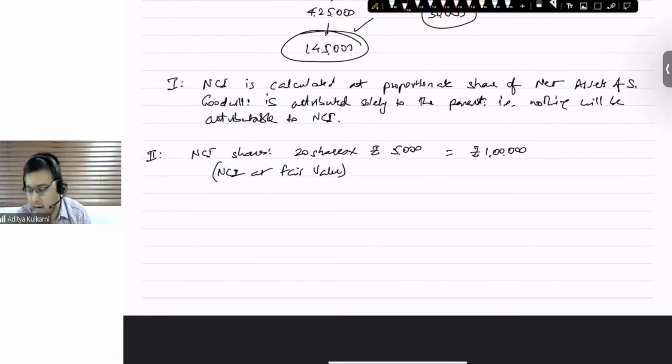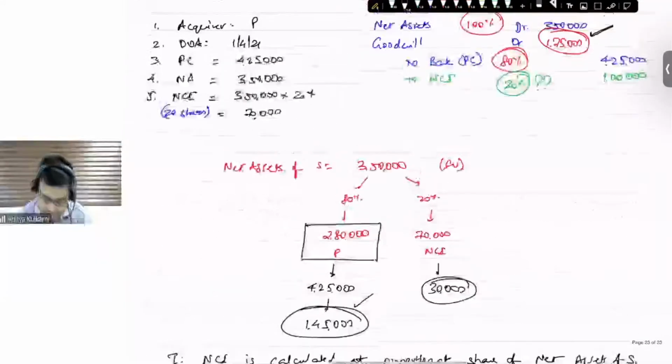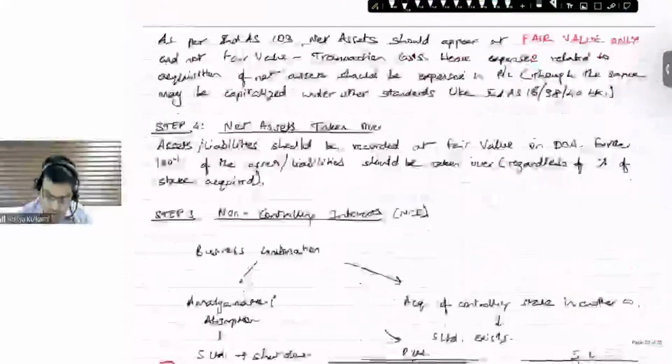Now last part is where am I going to present this NCI? Sir, will I present this NCI in the standalone financials or will I present this in the consolidated financials? In standalone, again, I repeat, look at this.